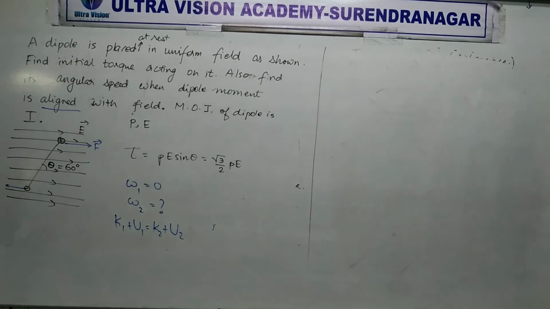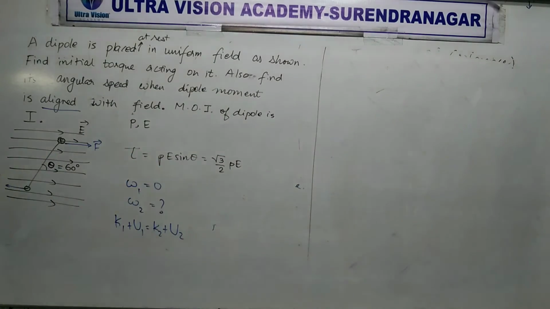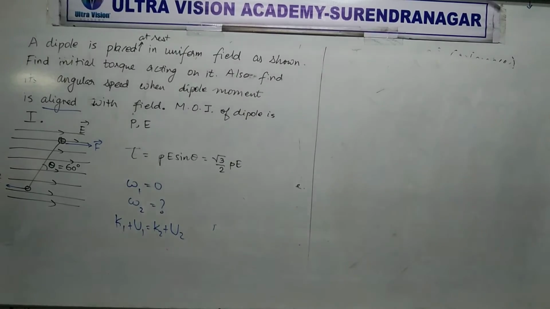What kind of motion is this dipole doing, translation or rotation? Rotation. So for rotational motion, what should we write for kinetic energy? Half I omega square. Write it accordingly.